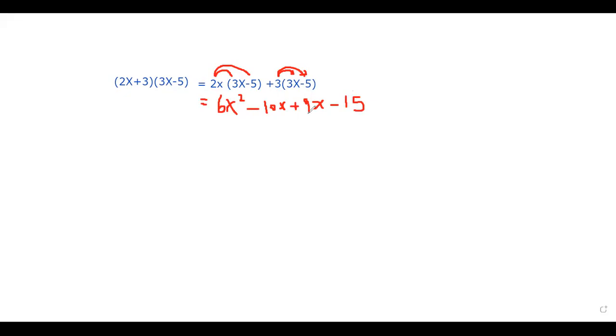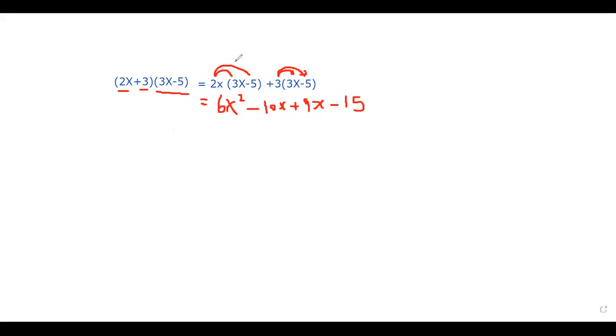No, we have to distribute the first term with all the second parentheses, and then the second term with all the second parentheses, because by the end we want to multiply the two binomials together. So this is the first method. We will divide the first binomial into two parts, and then we will use the first one with all the parentheses, and then the second with all the parentheses. Now we finished till this point.